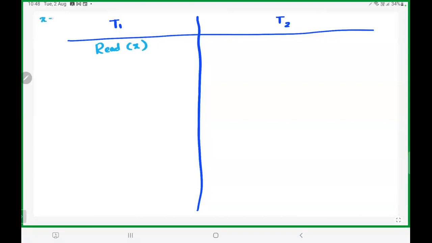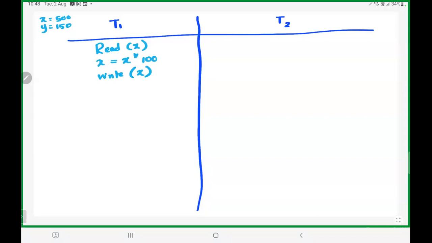So X equals 500 and Y equals 150. So read X. Then they will multiply this X by 10, then they will write that value.